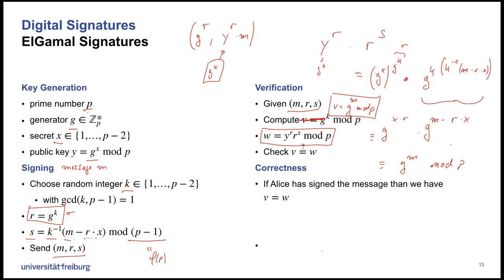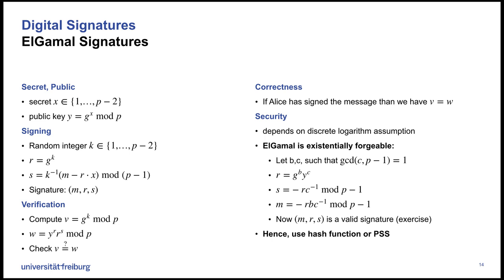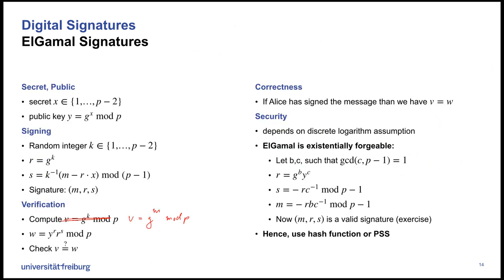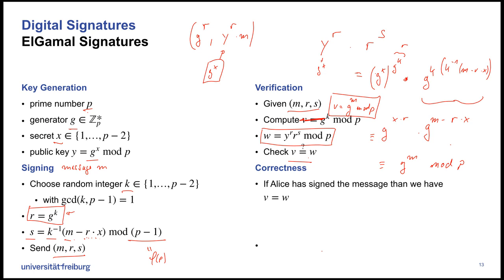Then we can check whether this is the same, and it's the same if we plugged in the formula correctly. Sorry for the mistakes. So again, I have to change this here into v is the same as g to the m mod p. Okay, and then we can check it, and this works.